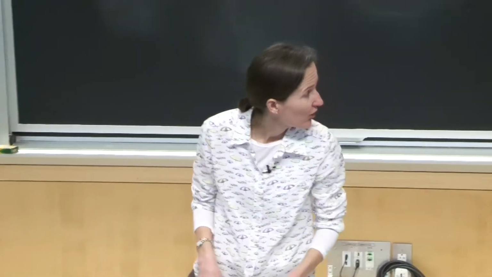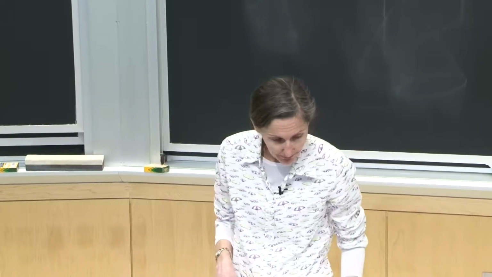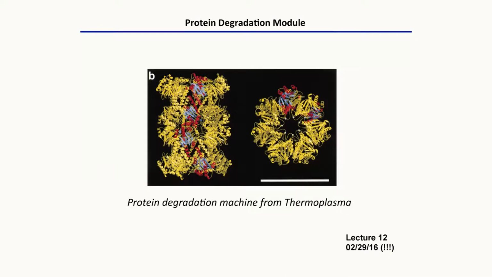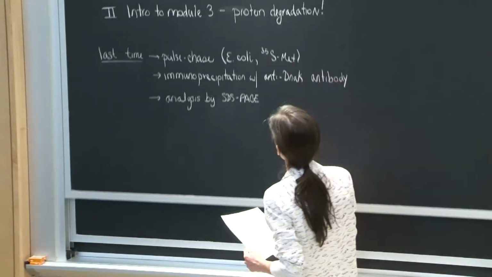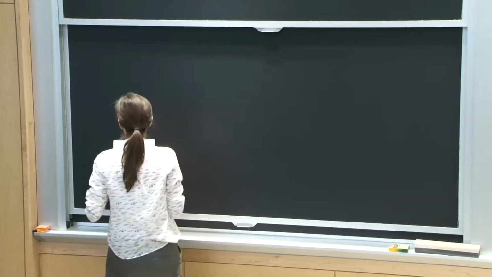Okay, so we're on to protein degradation. There are some incredible macromolecular machines involved in this unit, and we'll move on to that one come Wednesday. Just if we think about where we're going with the life cycle of a protein, right?